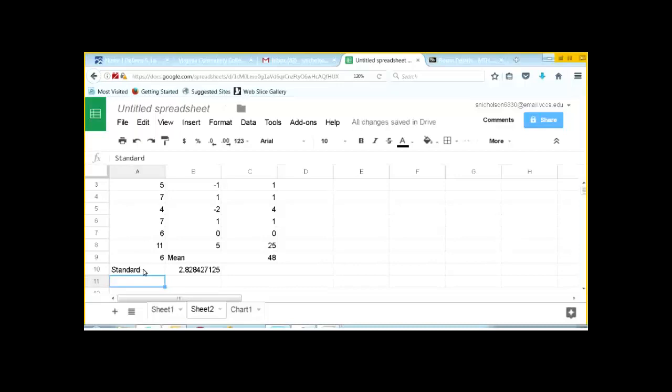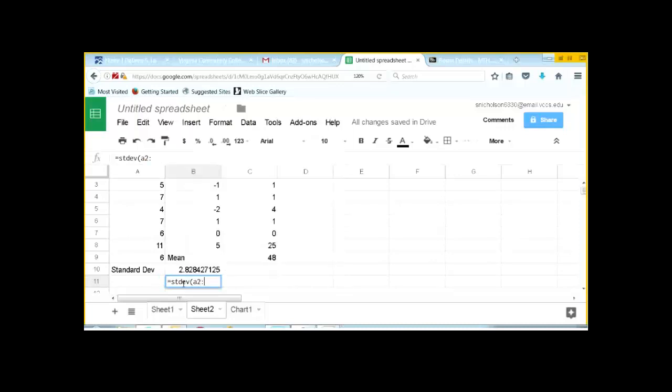There's a built-in function. So let me just show you what that is. It's equals STDEV. And all you have to do again is put in the range of the cells where the data is.